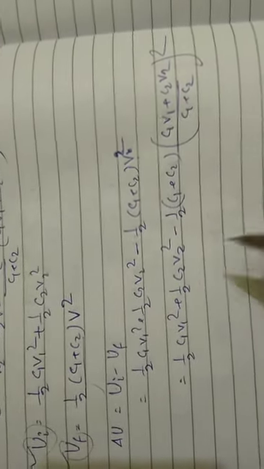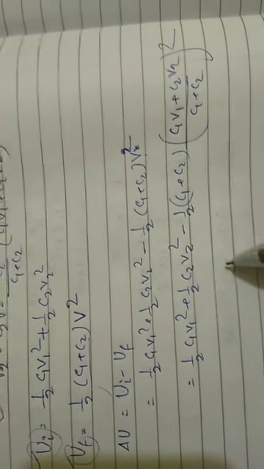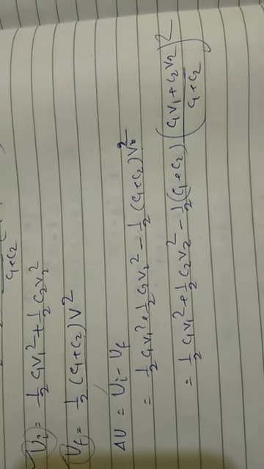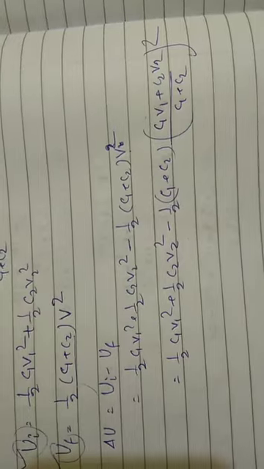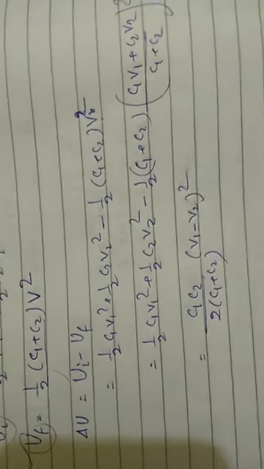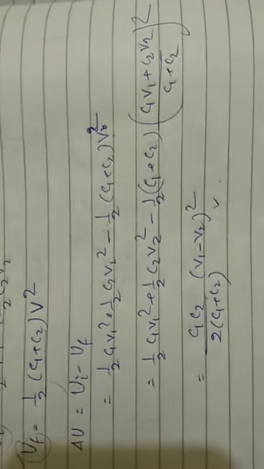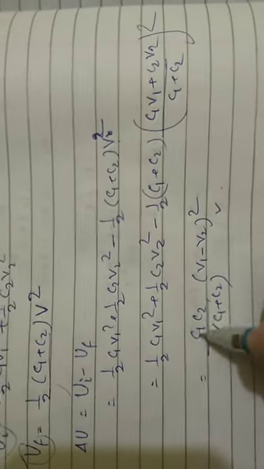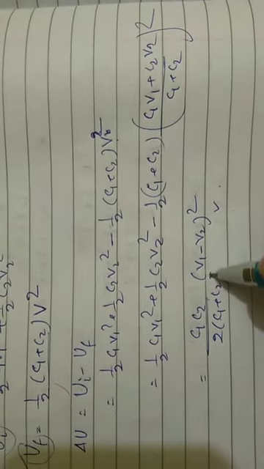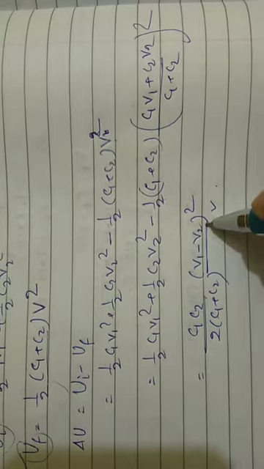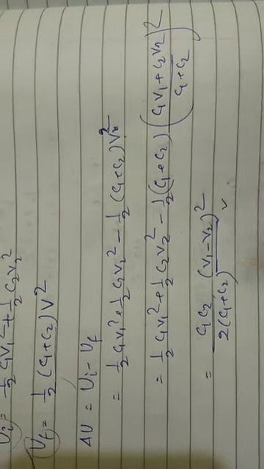Now if you calculate it, you will get a value like this. Now this term, capacitances are always positive, and this is a square term, which is also at least zero or more than zero.